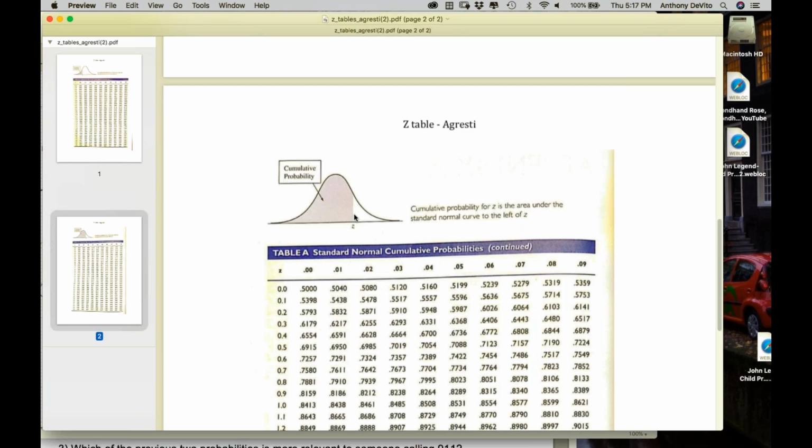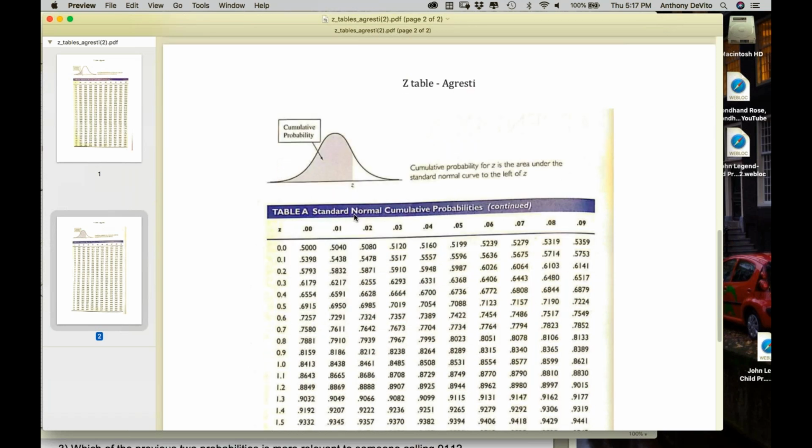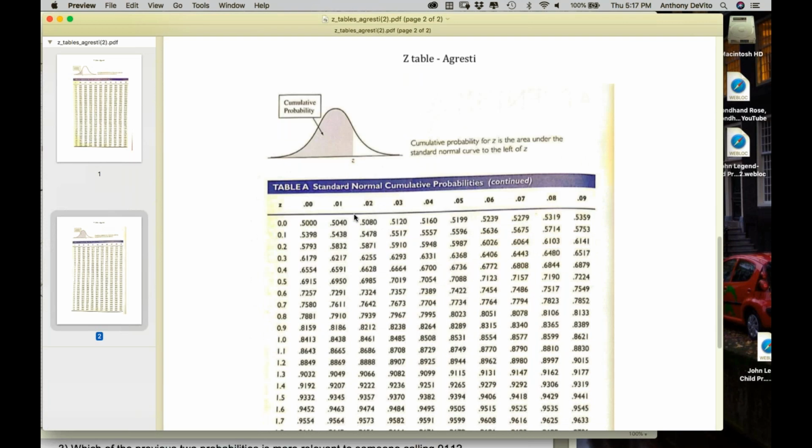So if we wanted to look up the area for 0.2, we would look up 0.2 on the positive side, right? It's a positive number, 103 is above the mean. If it were 0.27, if we had another digit, we would go over here. This was 0.20, right? This gives you the third digit. 0.20, 0.21, 0.22.